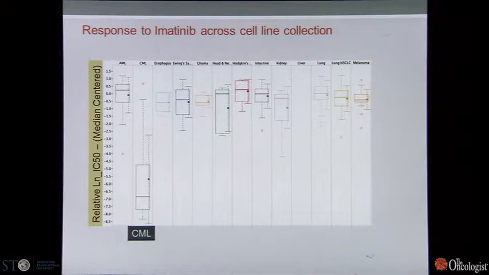As one might hope, and this is a relative IC50, in other words, centered so that the total distribution will be centered around 0 in terms of IC50, it tells you that, relatively speaking, CML lines are extremely sensitive to imatinib compared to everything else. This is actually not a trivial result.